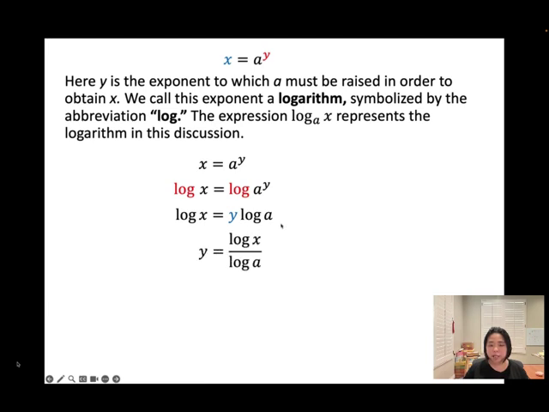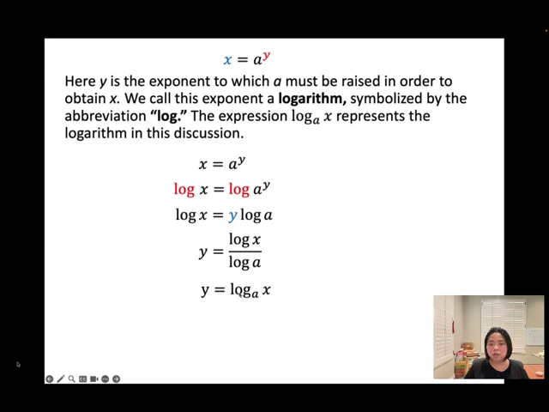And then we divide by log a on both sides. So this is what we get for y: log of x over log a. We can rewrite it as the log with the base a of x. One more time: when you have log x over log a, you can put the a in here.